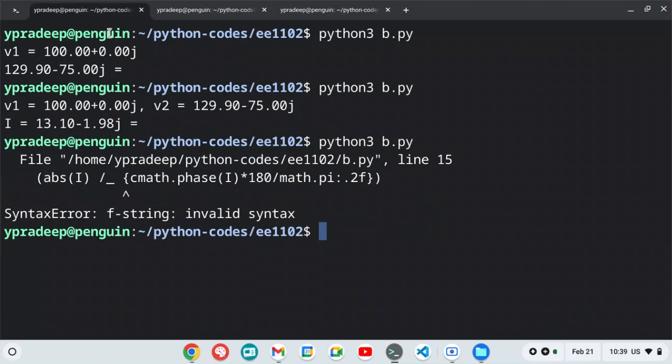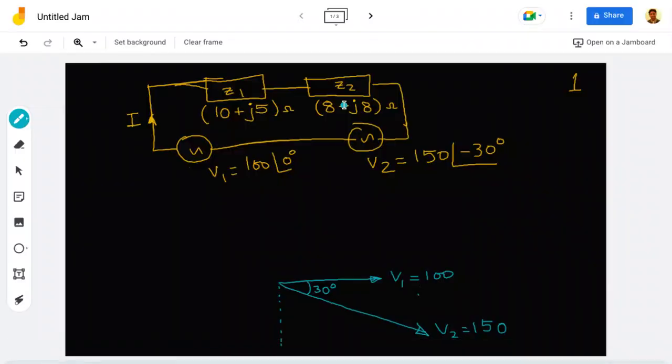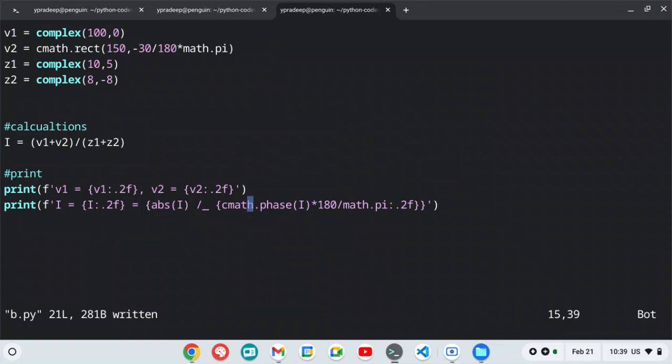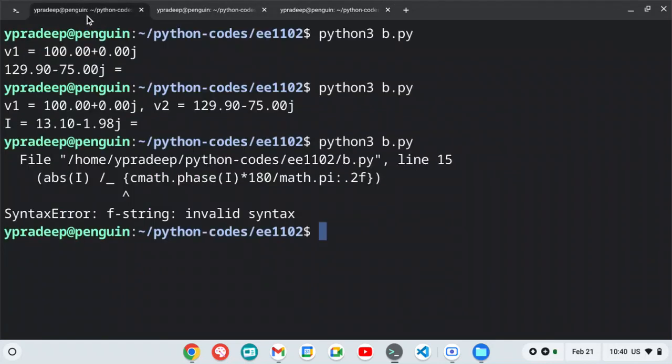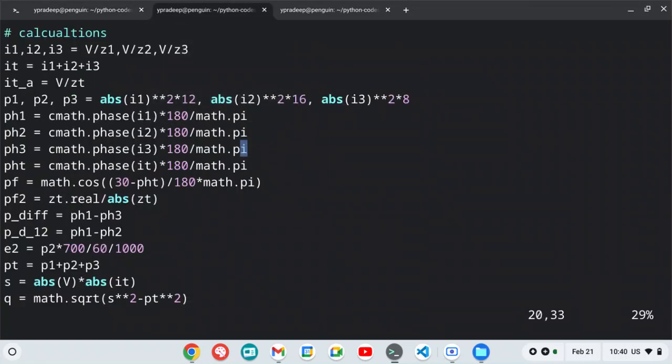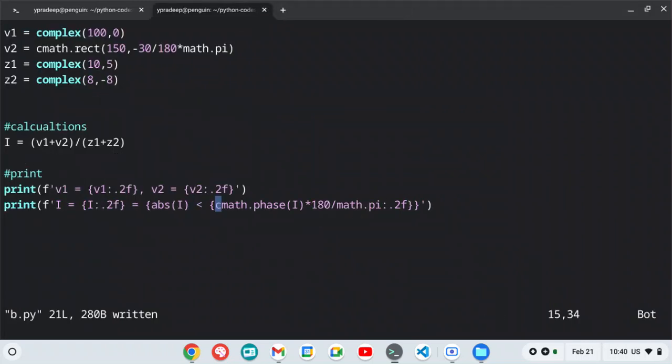Invalid syntax. Let's just, I think this underscore might be a problem. Otherwise, what about now?